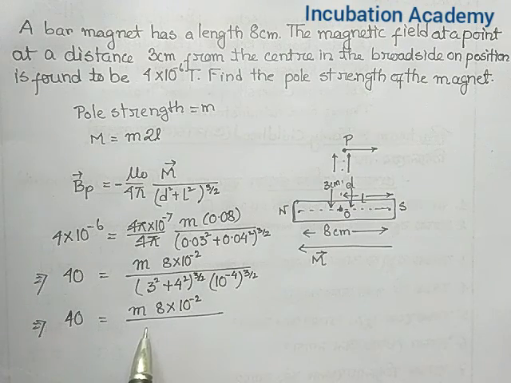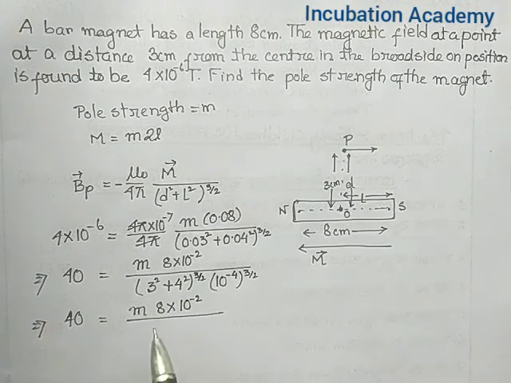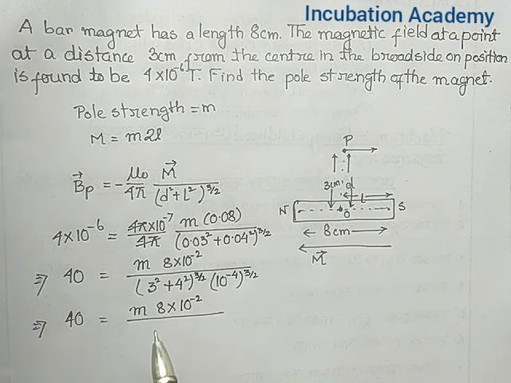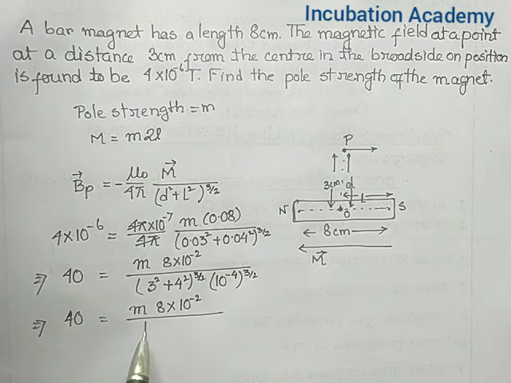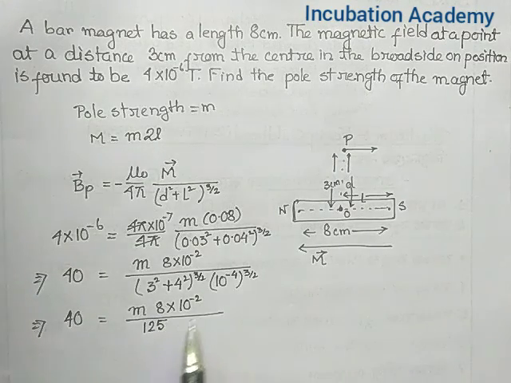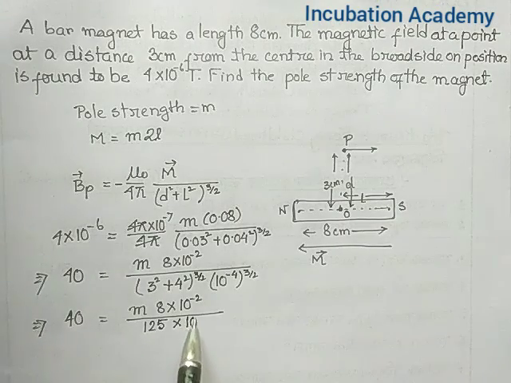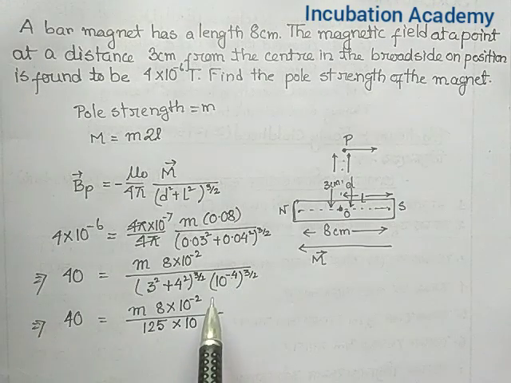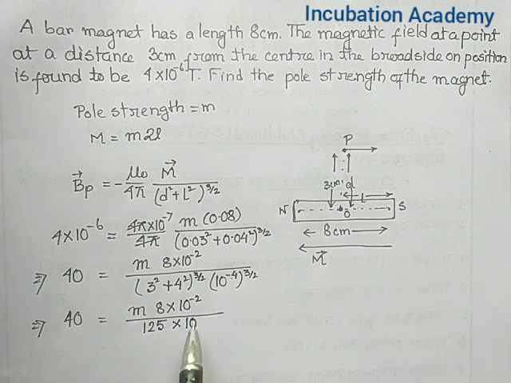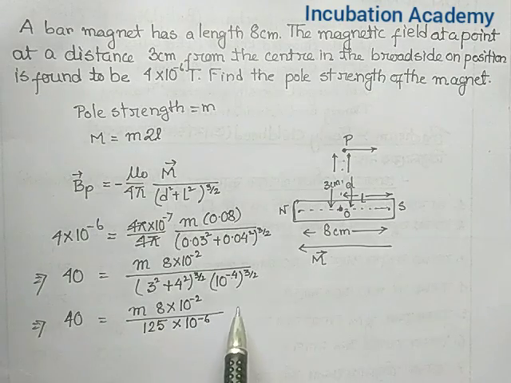That means the square root of 25 is 5, and 5 cube is 125. Here, 10 to the power minus 4 to the power 3 by 2 is 10 to the power minus 6.